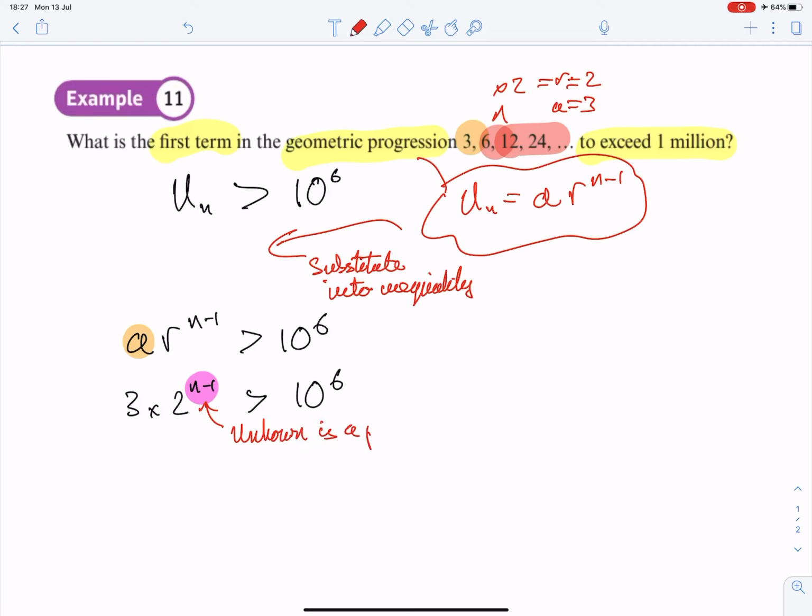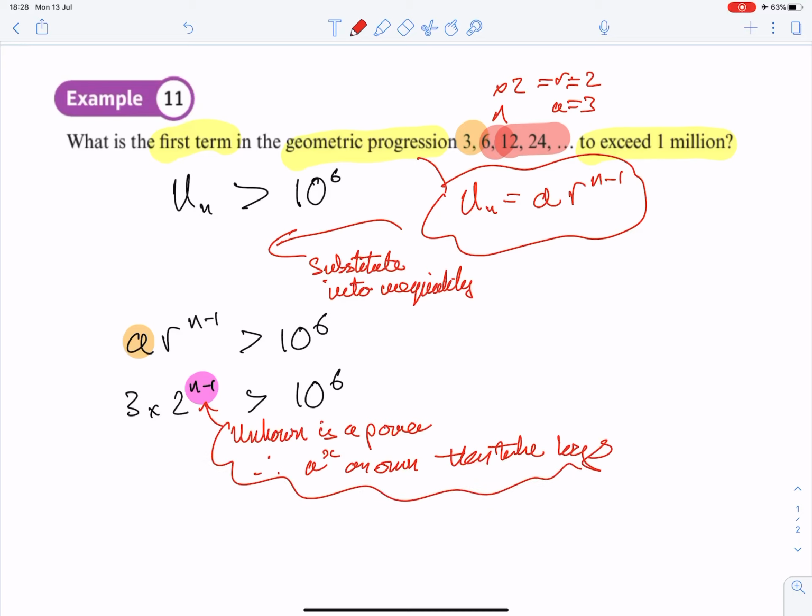Therefore get a^x on its own, then take logs. But we've got to get that 2^(n-1) on its own first. Otherwise we could take logs, but it just makes everything more difficult.